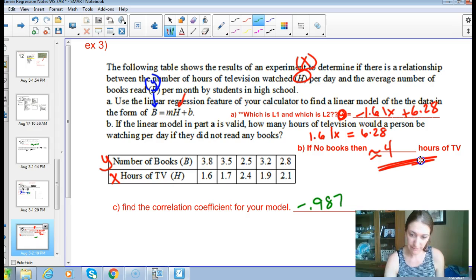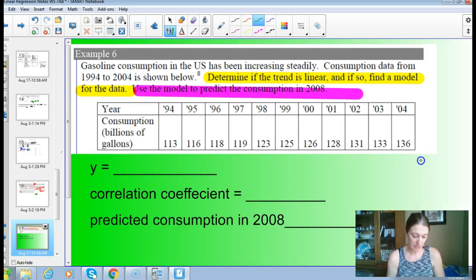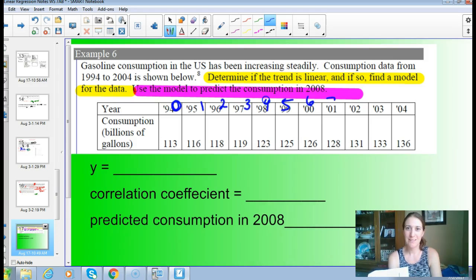All right, the follow-up question here has you doing more of the same thing. So again, same steps on the calculator. They want our model to start in 1994, so this is going to be considered 0 in the table. So 1, 2, 3, 4, 5, 6, 7, 8, 9, and 10.